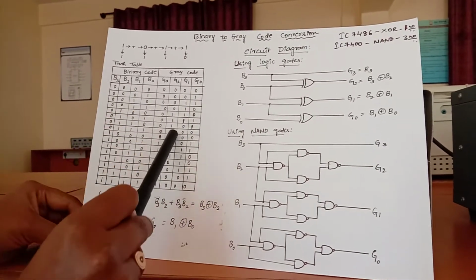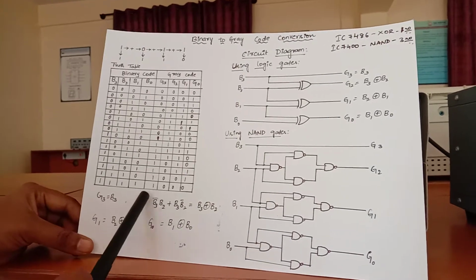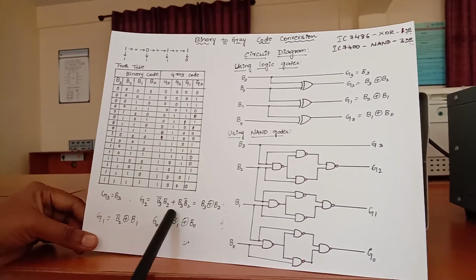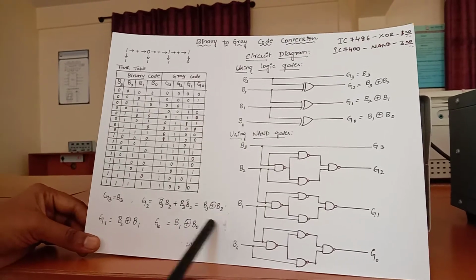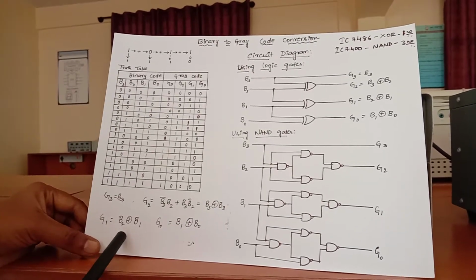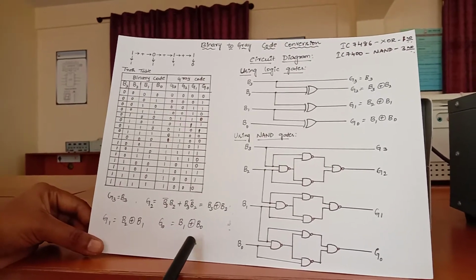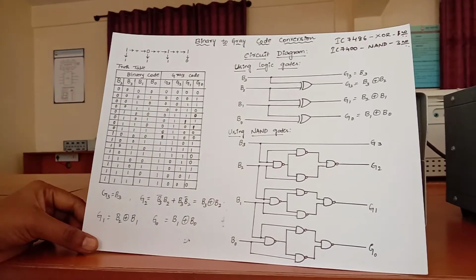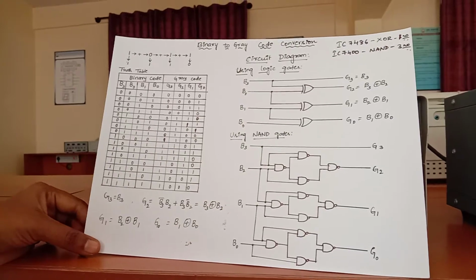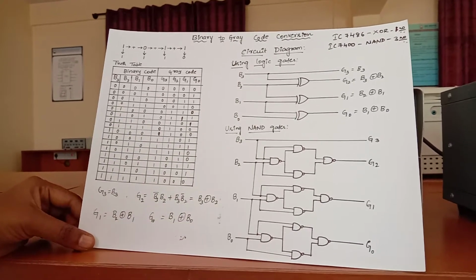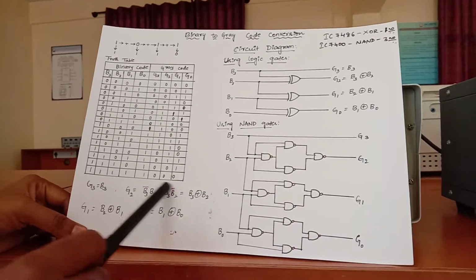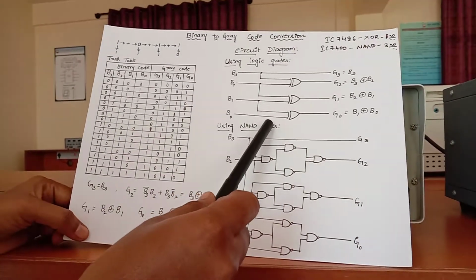If I want the expression for G2, we apply the K map for this column, and we get B3 XOR B2. In a similar way, G1 will be B2 XOR B1 and G0 will be B1 XOR B0. In this way, we can obtain the output expression from the K map when we apply it to the particular column. Using these expressions, I can draw this diagram.